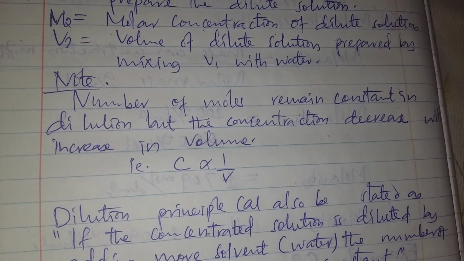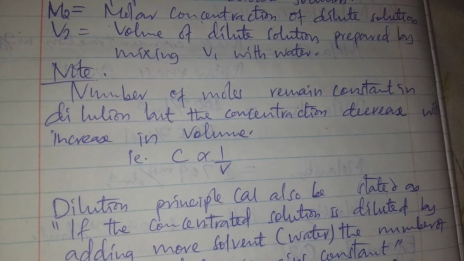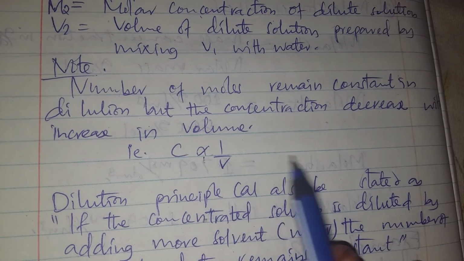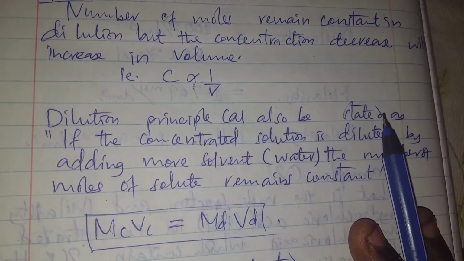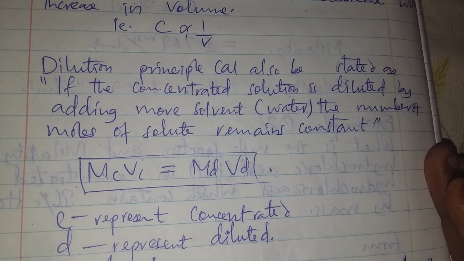Now note the number of moles remains constant in dilution, but the concentration decreases with increase in volume. That is because concentration varies inversely proportional to volume. Also, we can state our dilution principle in another way.